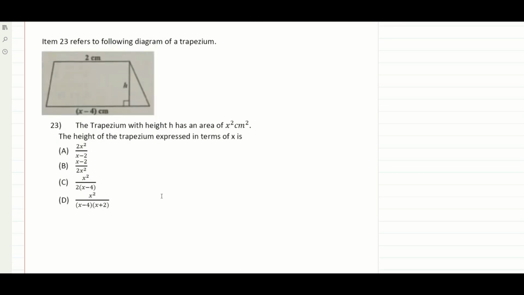Number 23 refers to the following diagram of a trapezium. The trapezium with height h has an area of x squared centimeters. The height of the trapezium is expressed in terms of x.